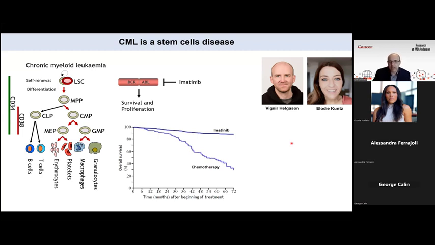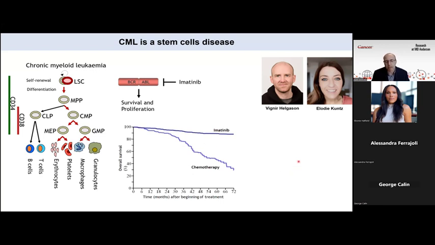The reality is that those patients, while the survival rate is amazingly high, are not cured. Take imatinib off, and there's a very good chance, more than 50%, that the patients will develop the disease again, meaning that we have not eradicated the leukemic cells from these patients.